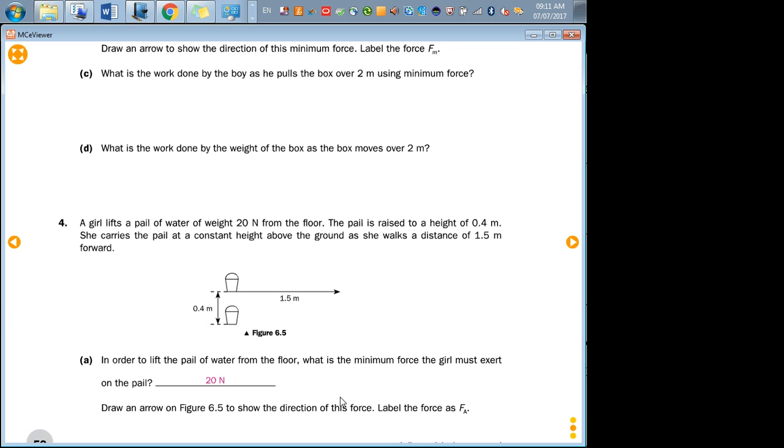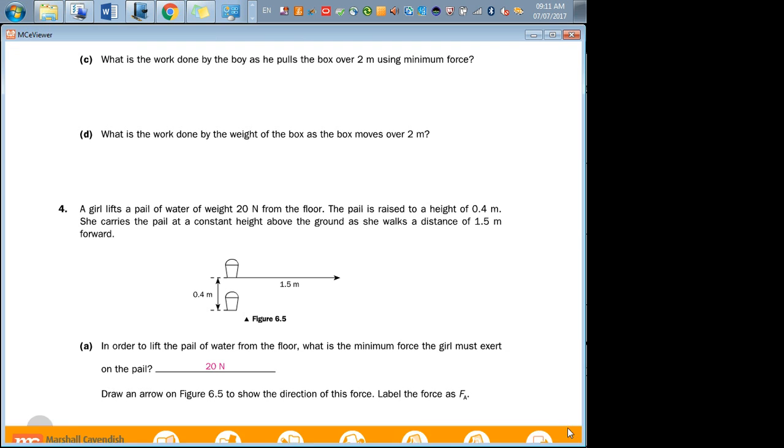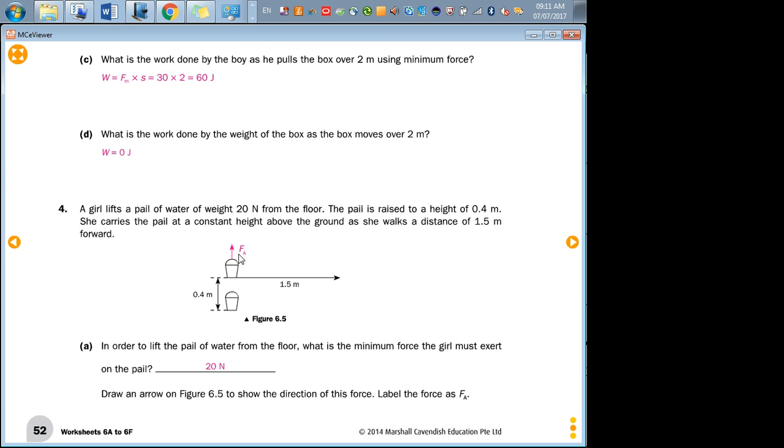Draw the arrow to show the direction of this force. Which force? The force that the girl acts. Okay? So, what direction? Upwards. And we need to label it FA.